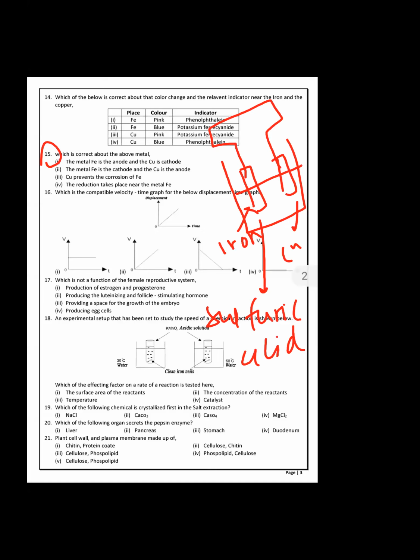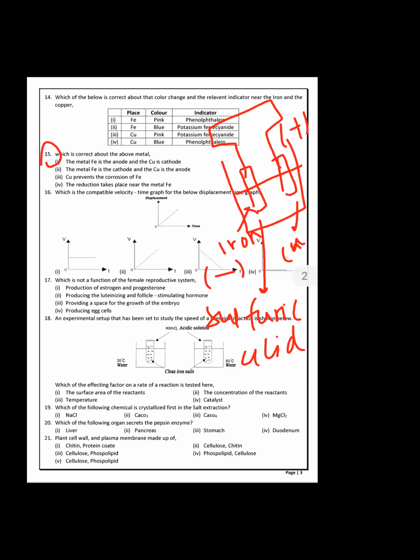So here they have given an experiment. Iron is always the cathode, the copper strip is the anode. This is the copper, this is the iron strip.